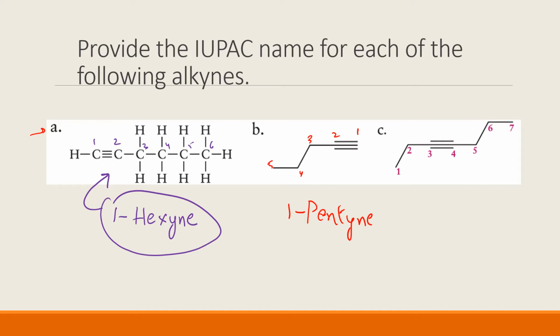For example C, the numbering is already done, and we can see that there are 7 carbons in the chain and the triple bond is at position 3, so the name is 3-heptyne.